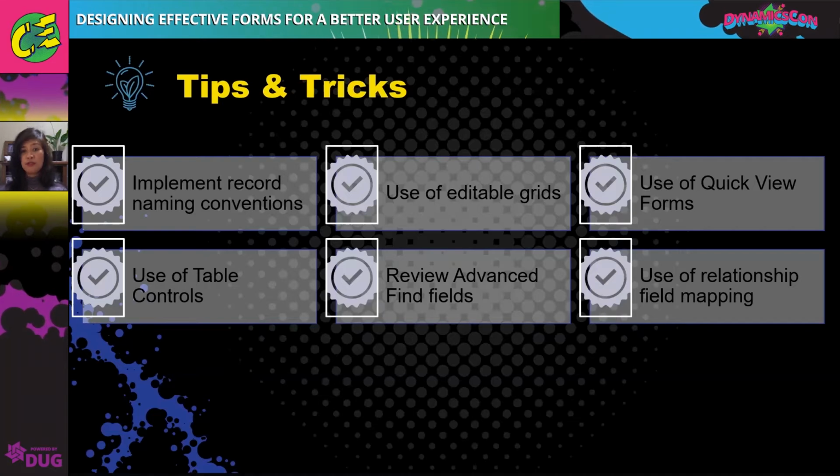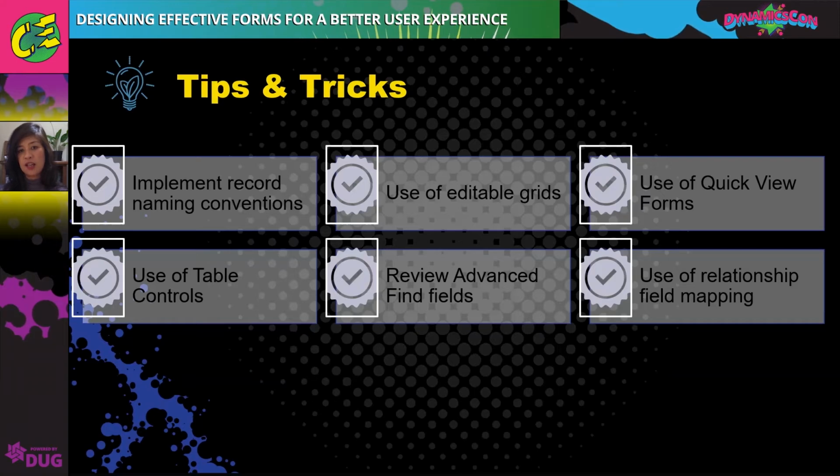Next, this is one of my favorite uses of relationship field mapping. So when creating a relationship between tables, if you look at the navigation bar of the relationship setting, there is a link there called mapping.